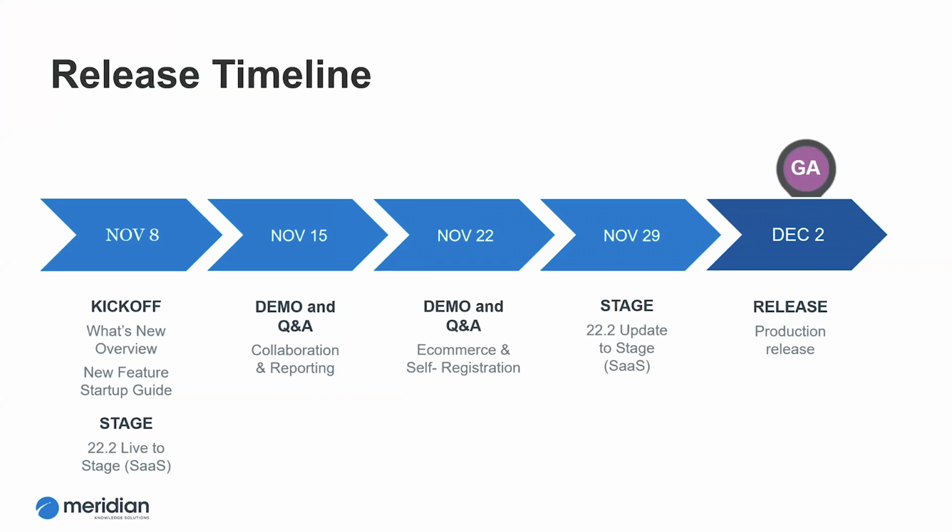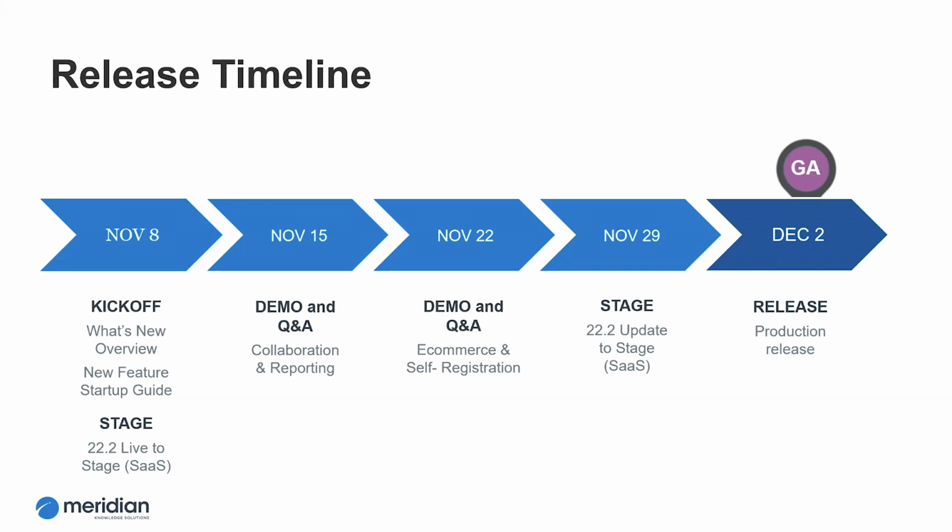From a broader timeline perspective, last week, stage environments for our cloud customers were updated. Documentation is out on the community. Today we're doing a demo and Q&A on some of the features. We will continue that next week, digging into more of the eCommerce self-registration features.